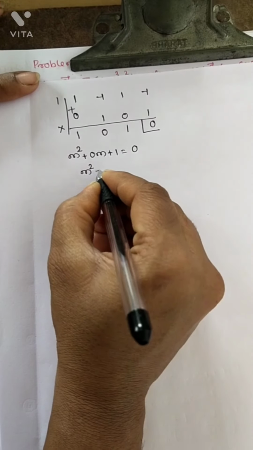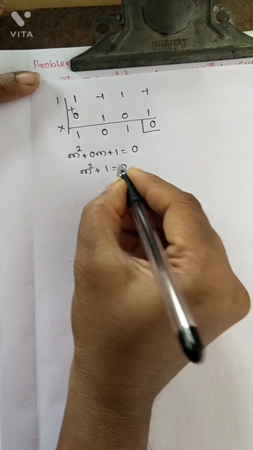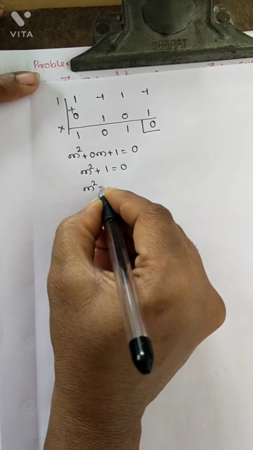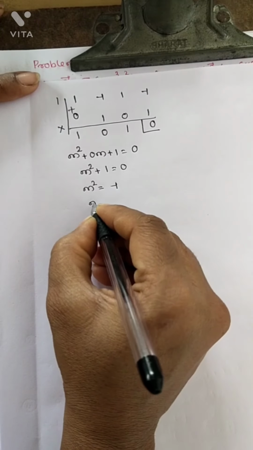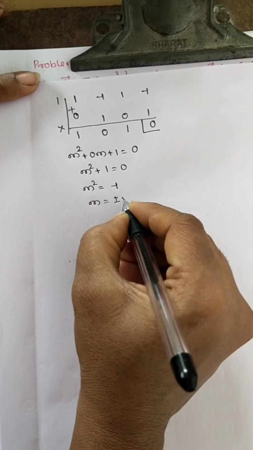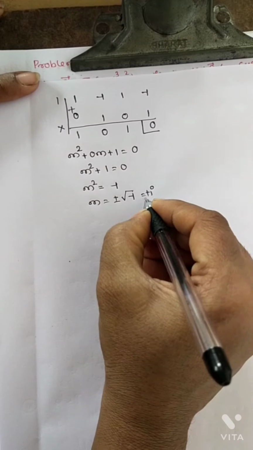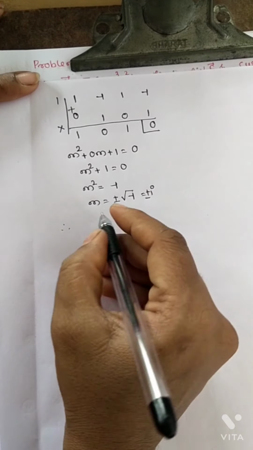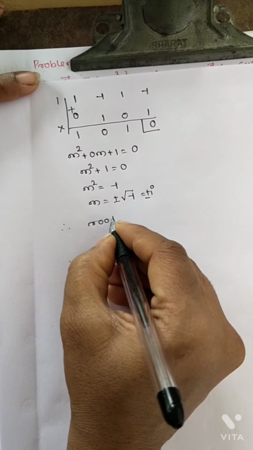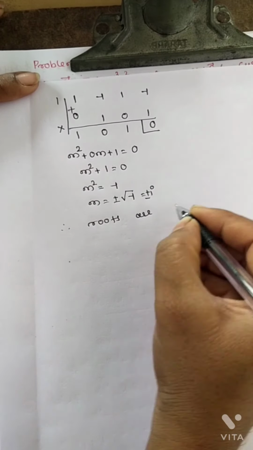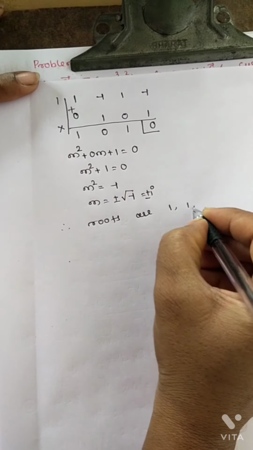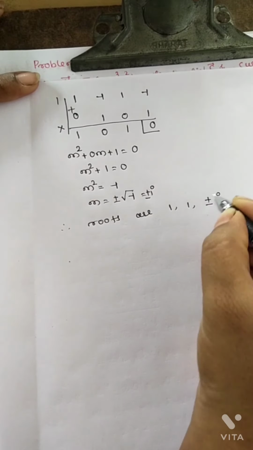This is in the form of m square plus 1 is equal to 0. Means m square is equal to minus 1. m is equal to plus or minus square root of minus 1, that is plus or minus i. Therefore, the roots are 1, 1, plus or minus i.